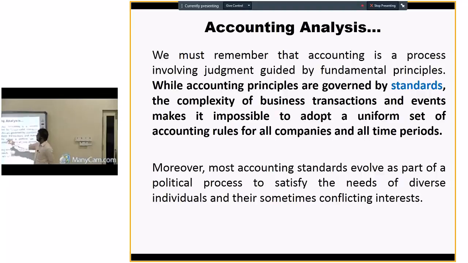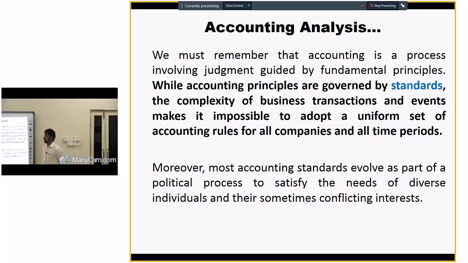The complexity of business transactions and events makes it impossible to adopt a uniform set of accounting rules for all companies and all time periods. Now you can see the main task of the standard setting bodies, right? They are responsible for actual information, real information, or quality financial reports or financial information.